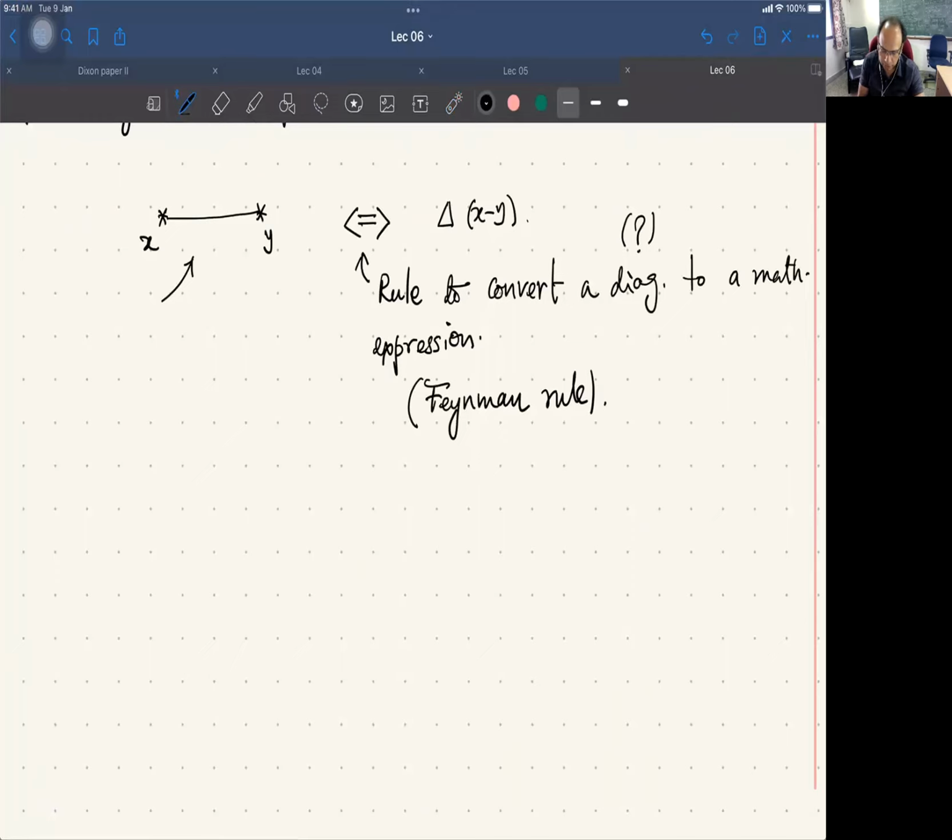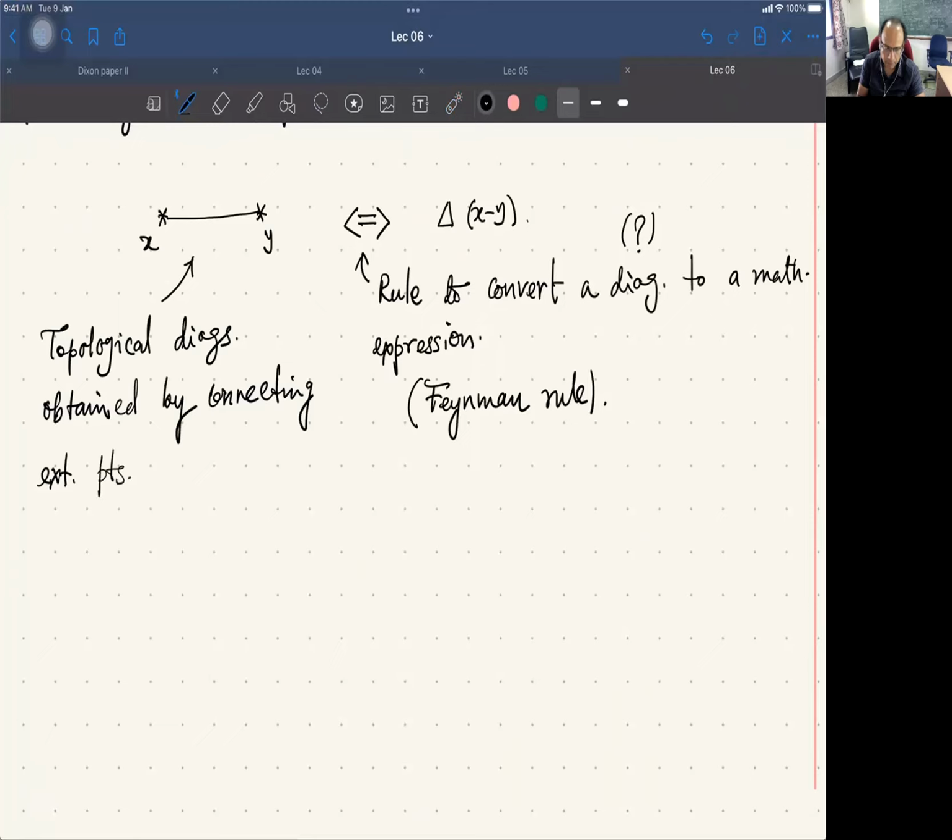I'll explain the terms, topological diagram obtained by connecting external points by lines.